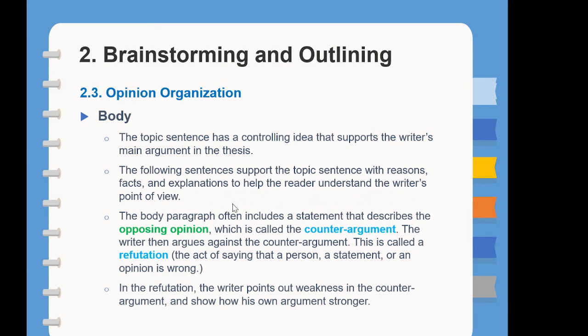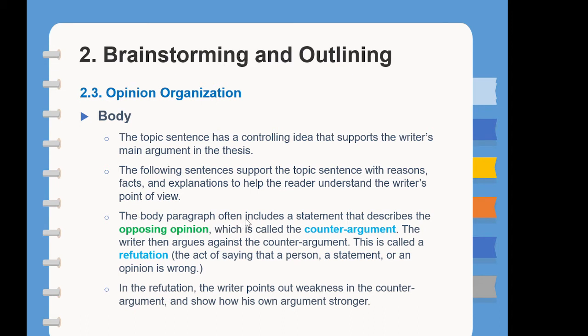You support the sentences with reasons, facts, and explanations to help the reader understand the writer's point of view. But don't forget, in an opinion essay body, you must have what? An opposing opinion. Look at this.